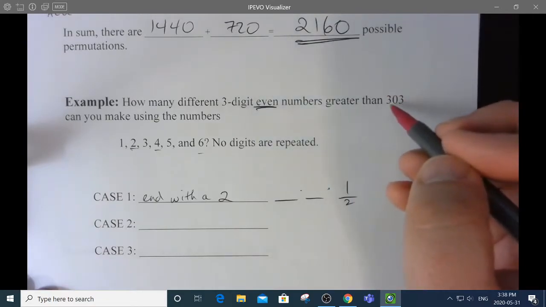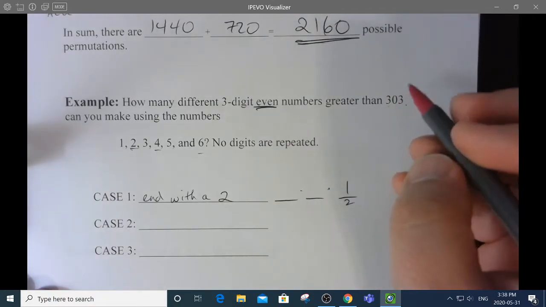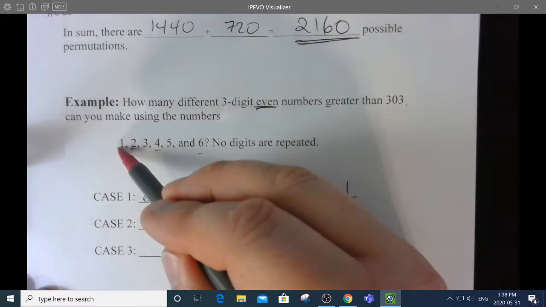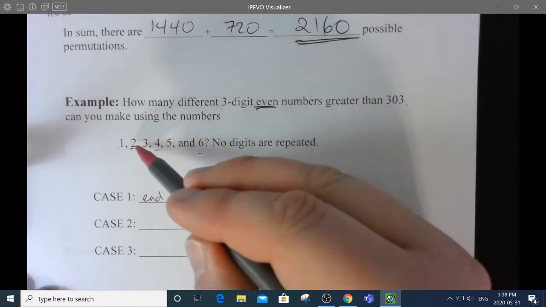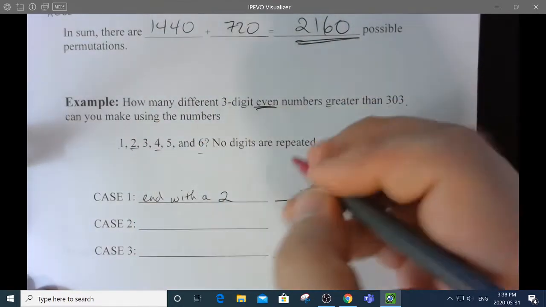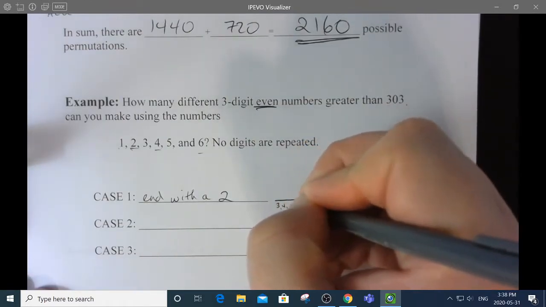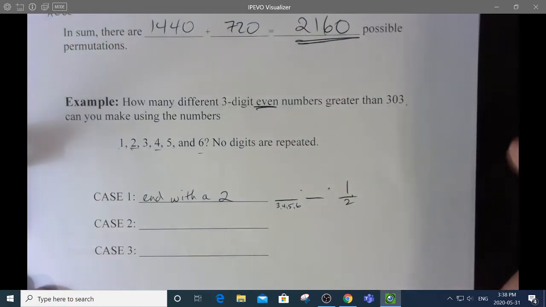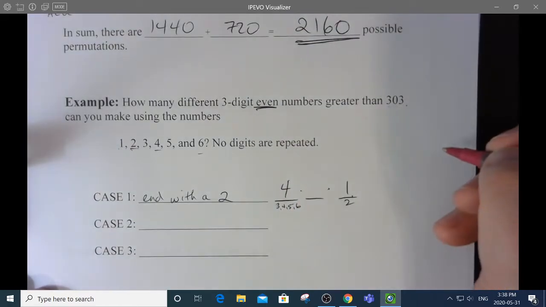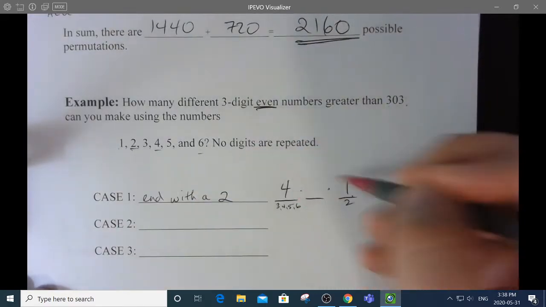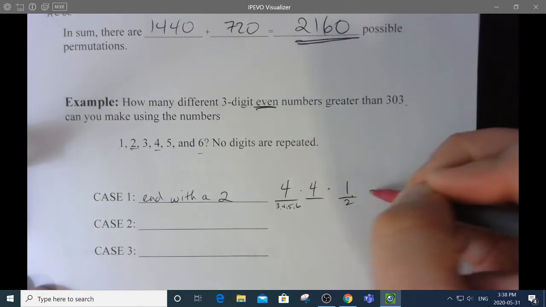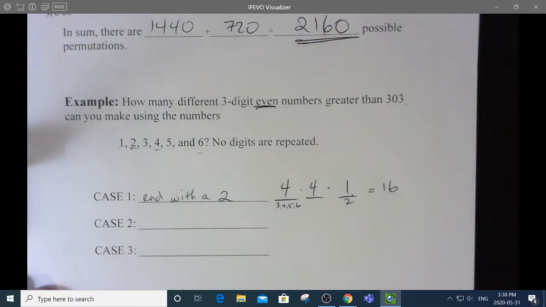Oh, yeah, it has to be bigger than 303. So it can't be the 1. And I know it can't be the 2 because the 2's already here. So this can actually be the 3, the 4, the 5, or the 6. So there's 4 things that can go here. And then, of course, there's 6 digits. I've just used 2 of them. There's still 4 left. So that's 16 ways I can do it for case 1.